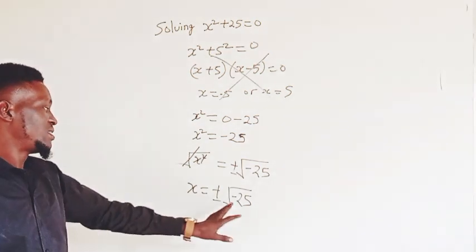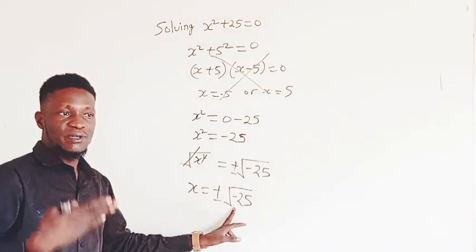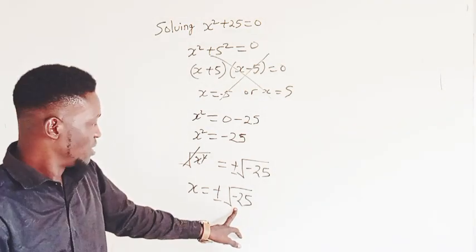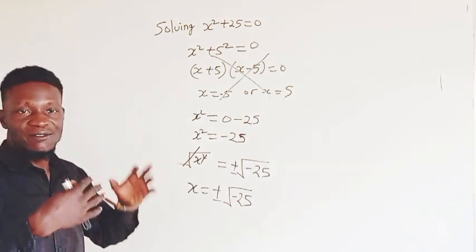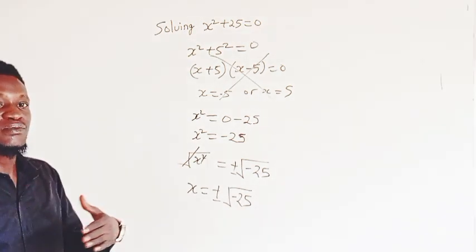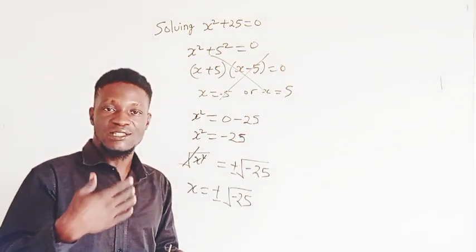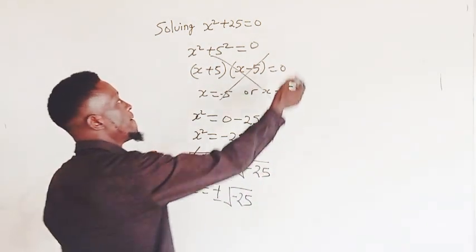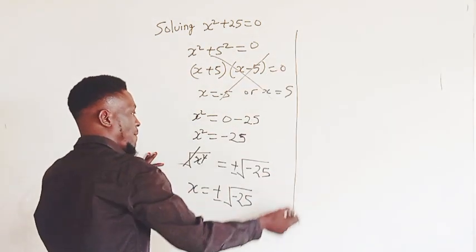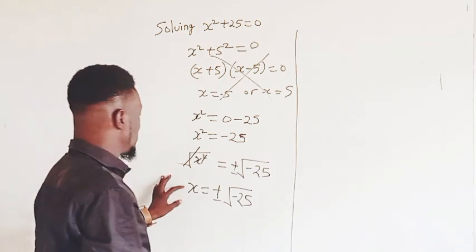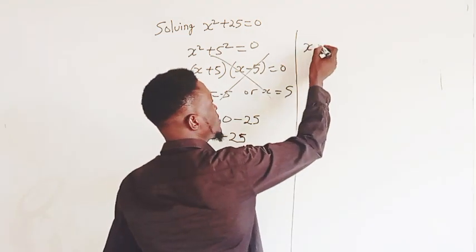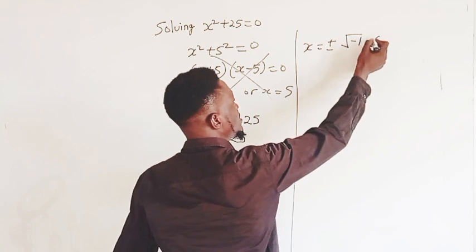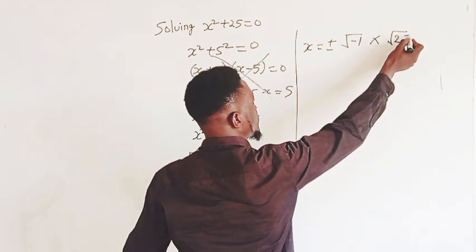This reminds me of a particular concept called complex numbers. This complex number has to be resolved into its proper form. If you have something like this, let me draw my line here. I will write x is equal to plus or minus root minus 1 times root 25.